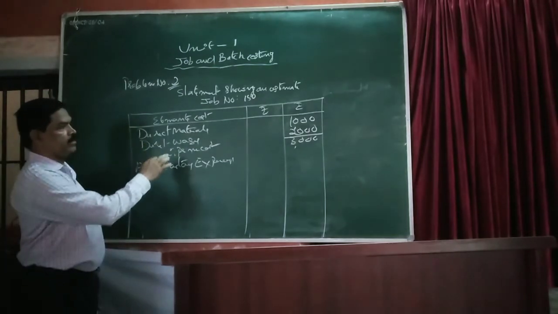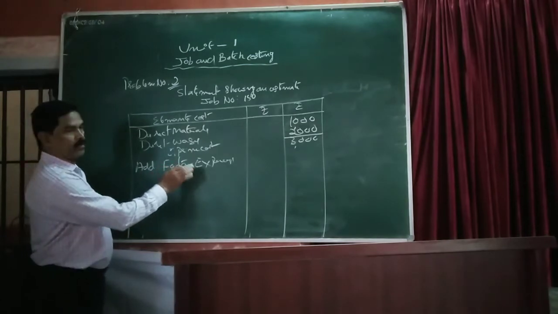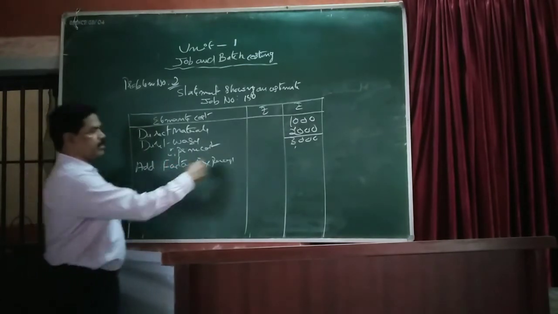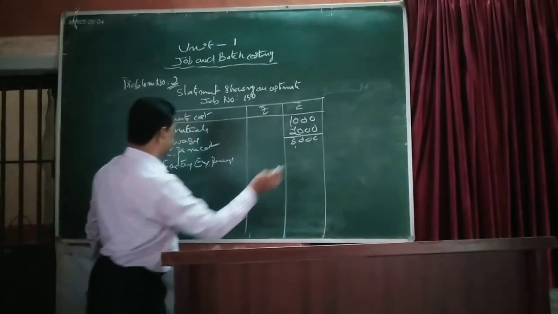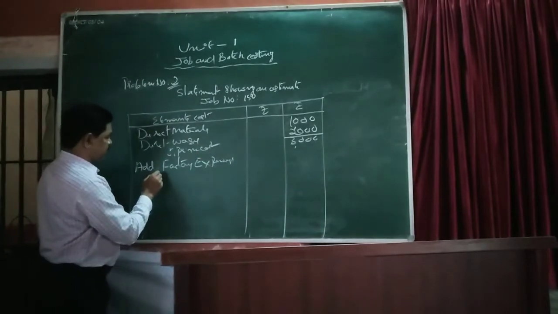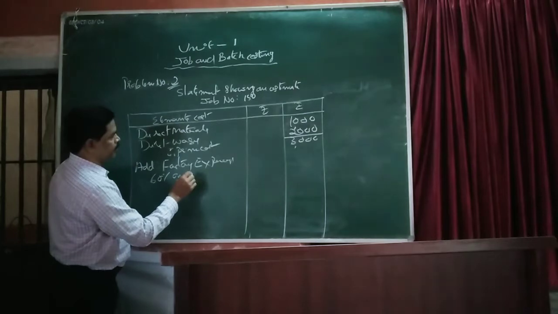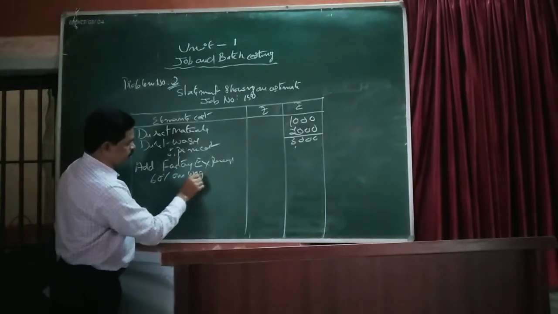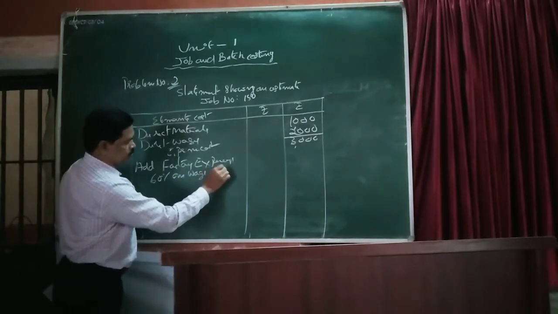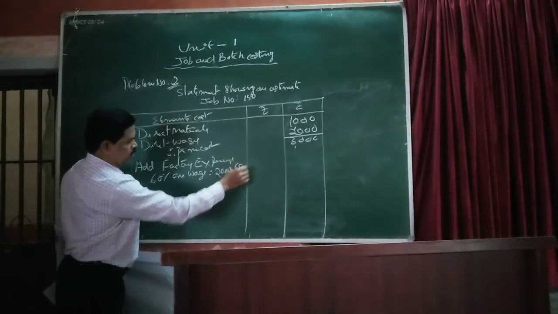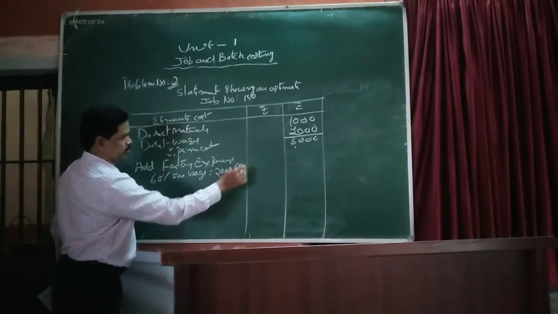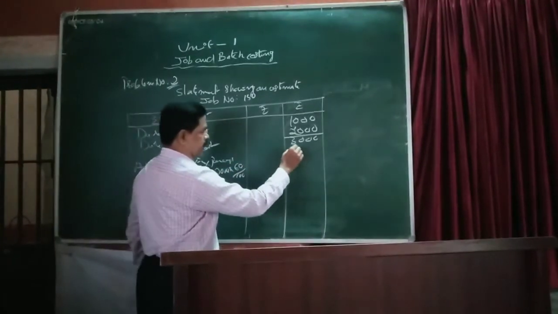Since it is an estimate, we do not know the factory overheads, so we calculate it on the basis of wage. So factory expense 60% on wage is equal to 2000 multiplied by 60%. So it is 1200.